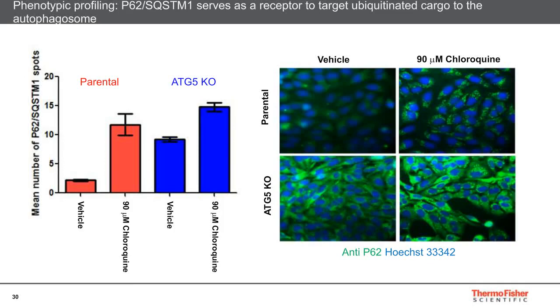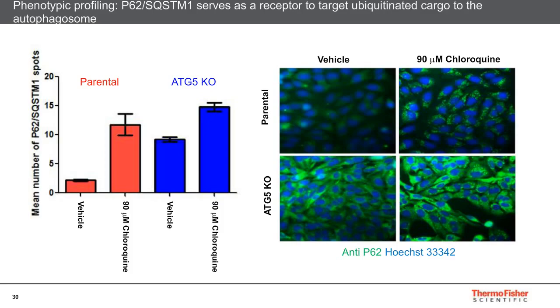Next, we look at the other important molecule in autophagosome formation, P62, which serves as a receptor to target the ubiquitinated cargo to the autophagosome. In the ATG5 knockout, as seen here, even before treatment with chloroquine, you see increased levels of P62, because it does not get degraded, as the recycling or trafficking to lysosomes is defective.